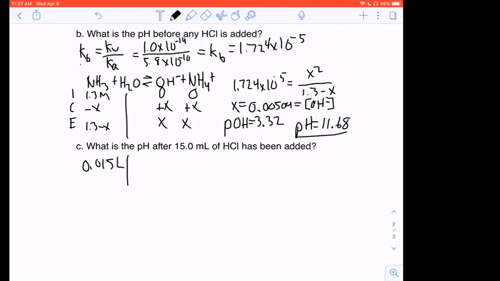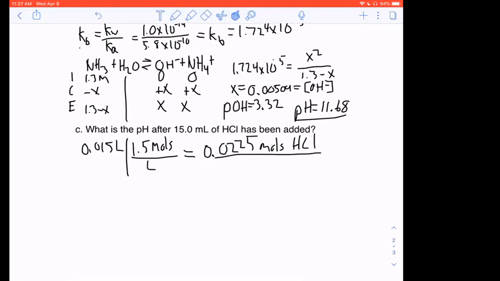So this many liters times 1.5 moles per liter, which is just the definition of molarity. This ends up giving us 0.0225 moles of HCl. So this is how much HCl we're adding.